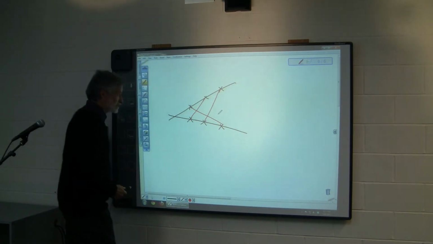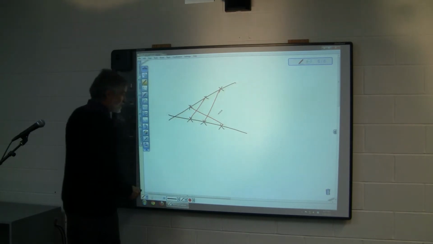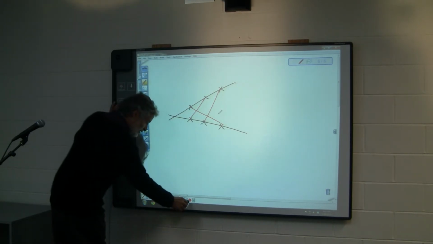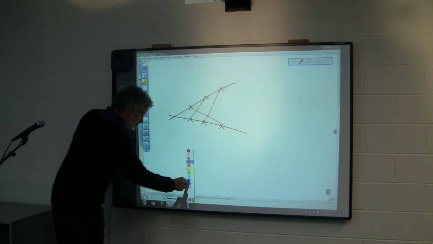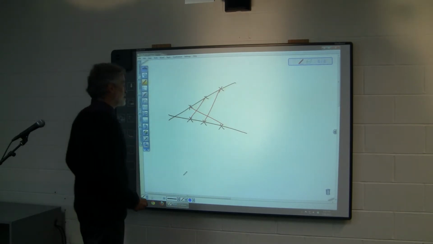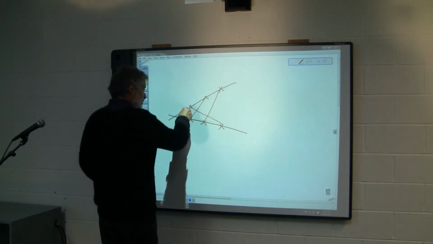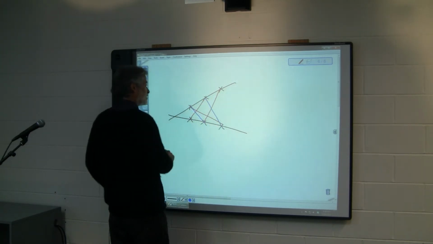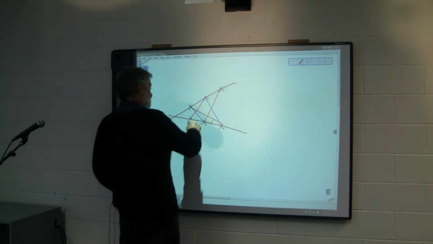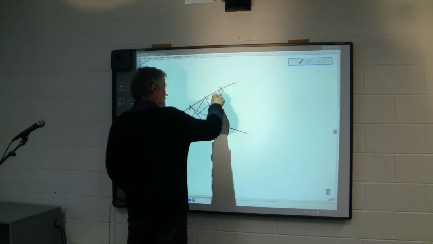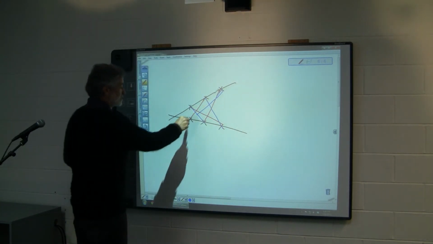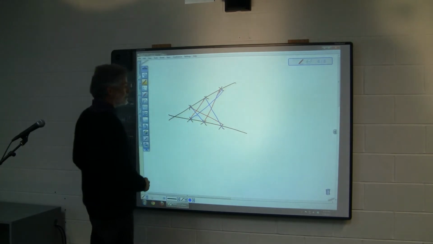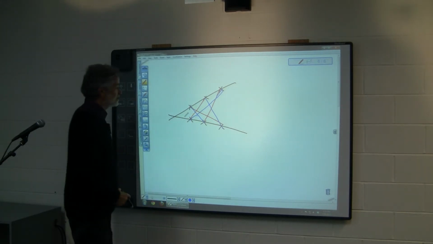And so these are 3 opposite sides. And now we want blue. So this will be blue. That will be blue. And that will be blue. So we can think of it as a hexagon.